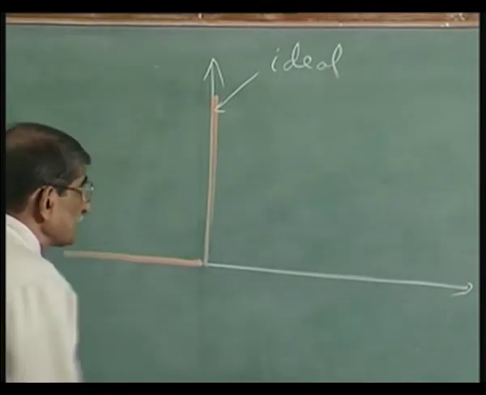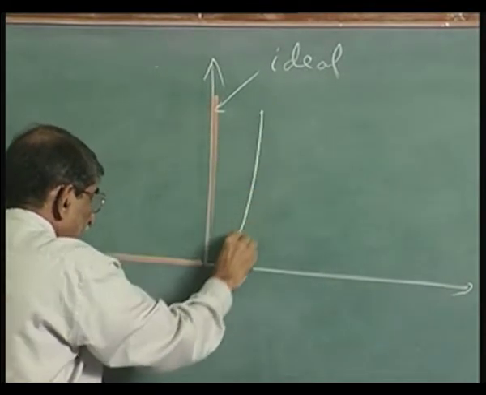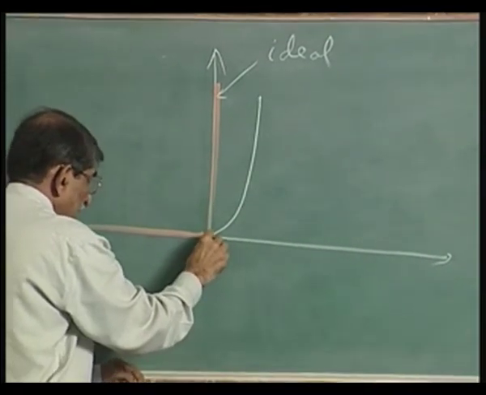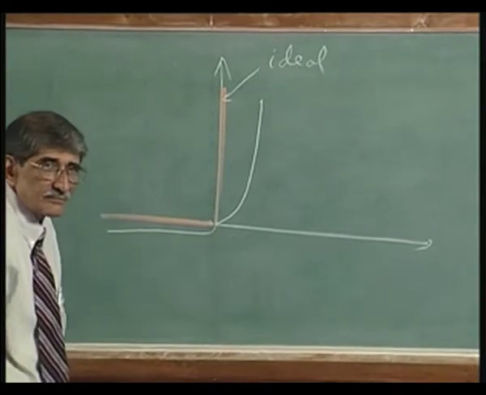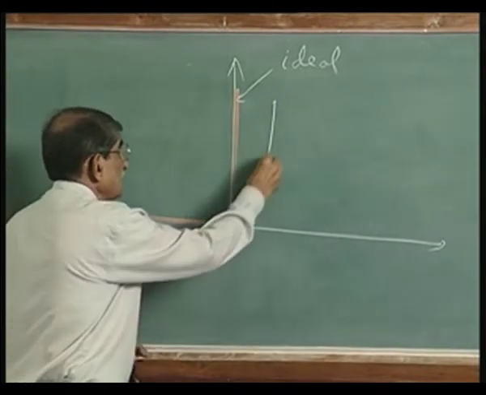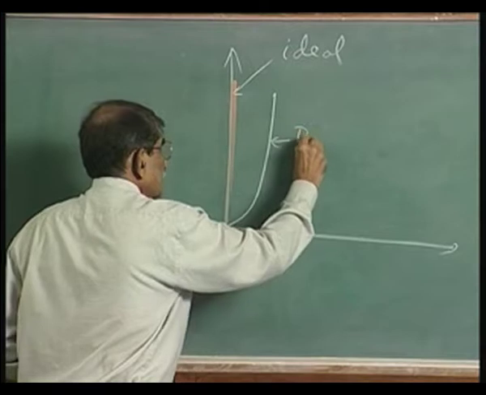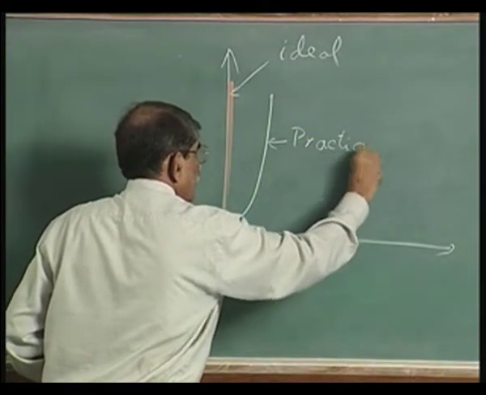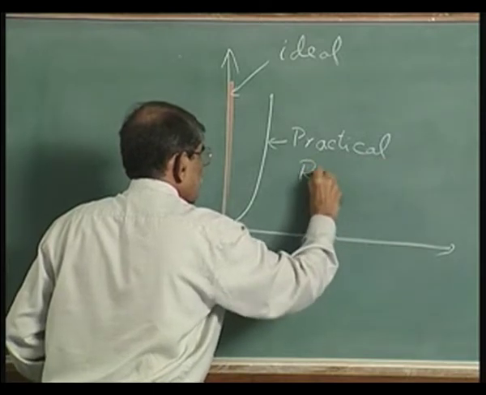What you get in practice, as all of us know, is that in the forward direction it conducts, and in the reverse it is close to this, but on a different scale it will show like that. This is the practical rectifier.